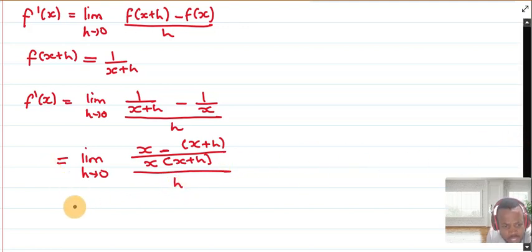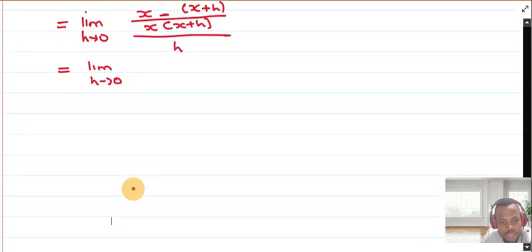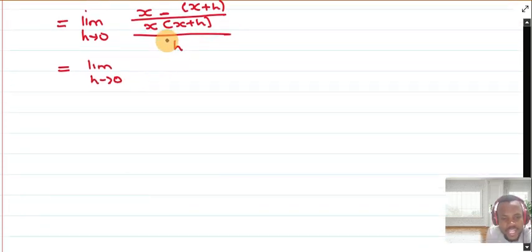Okay, from here this is equal to the limit as h approaches 0. Here you see that minus 1 times x becomes minus x, minus 1 times h becomes minus h.